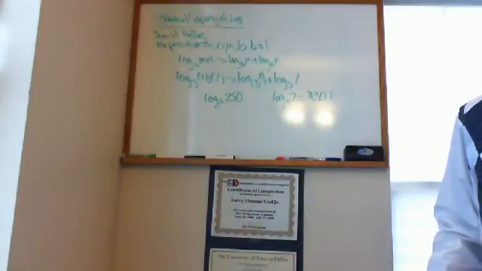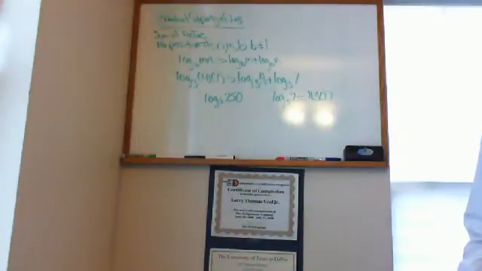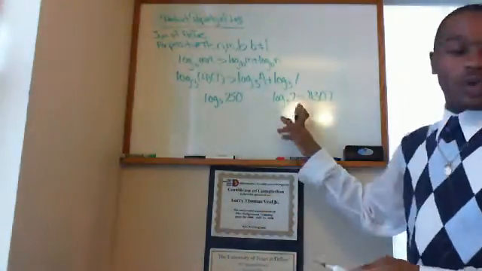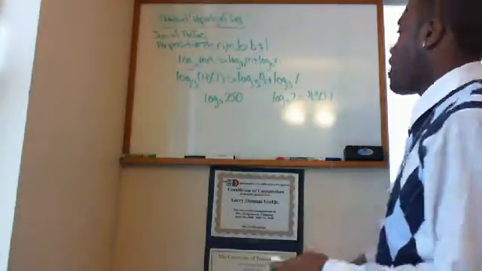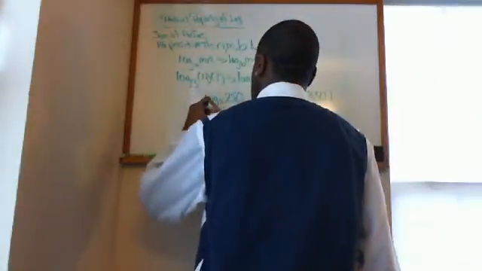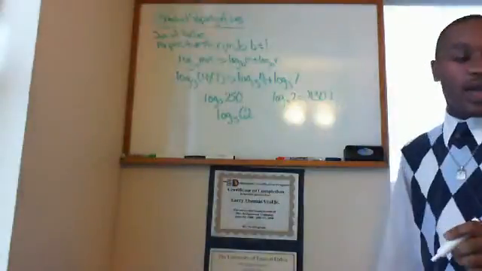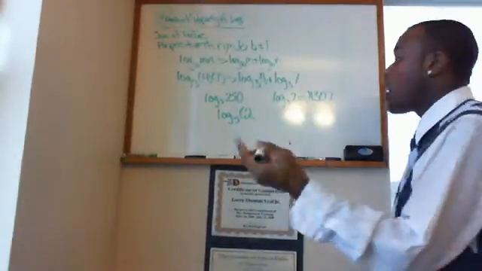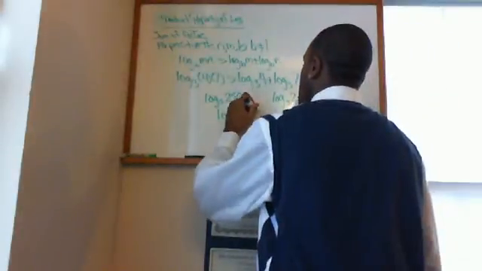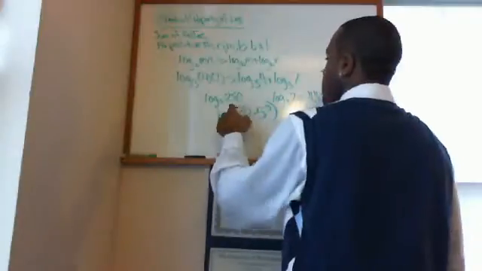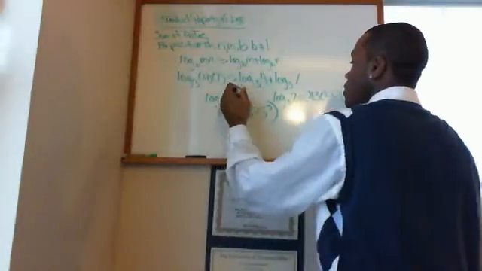Would you agree with that? Yeah. So log base 5 of 250 is log base 5 of 2 times 5 cubed. This is what it breaks down into.